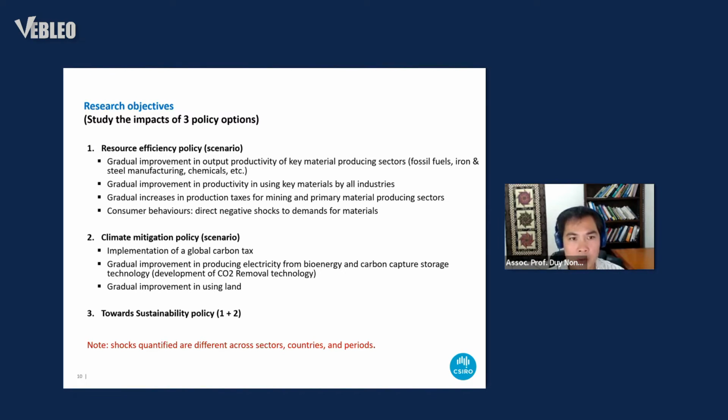And also for this policy scenario, we assume some consumer behavior, like a direct negative shock to demand for material. We just assume that, for example, people perceive that they can consume less commodity to protect the environment.